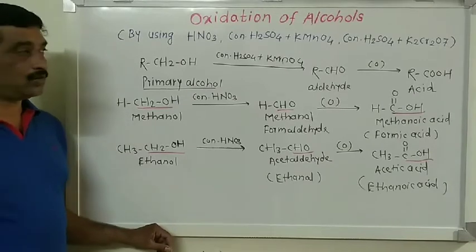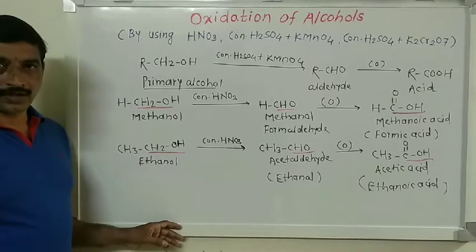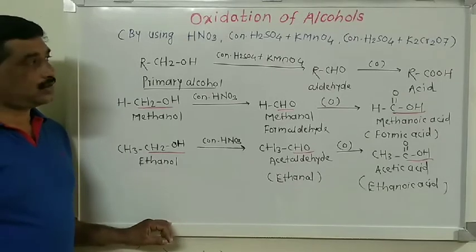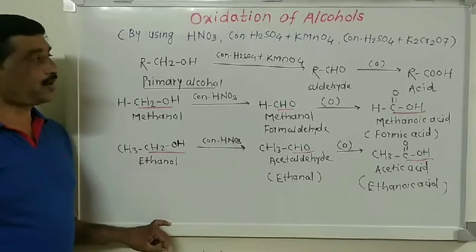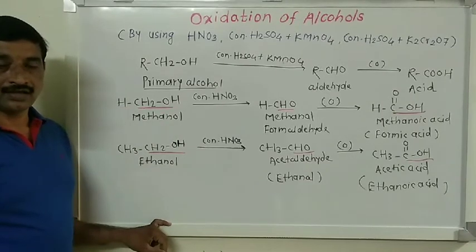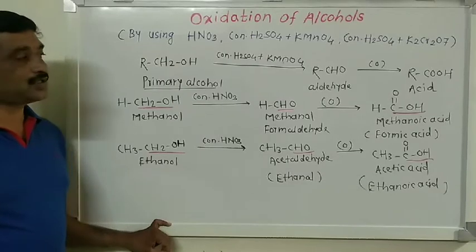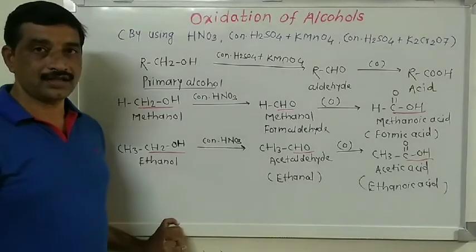Secondary and tertiary alcohols on oxidation with such oxidizing agents give different products. The oxidation of secondary and tertiary alcohols by these oxidizing agents is quite difficult. They do not give the corresponding compounds having an equal number of carbon atoms. There is a smaller number of carbon atoms in the formed product, that is, the acid.